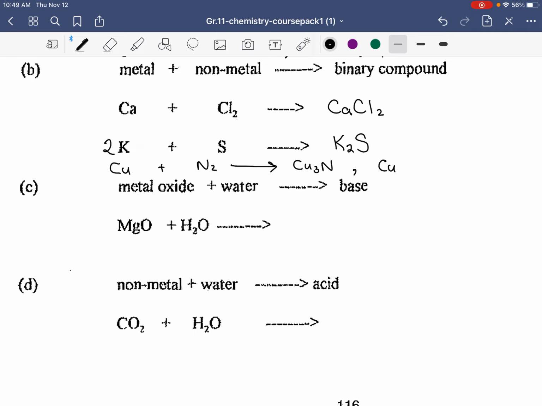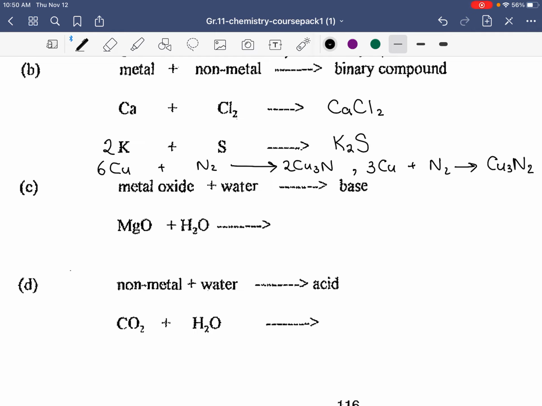Or you have copper +2, which will be Cu3N2. Again, you balance them independently, like that, and like that. Sick, huh? All right, let's continue.